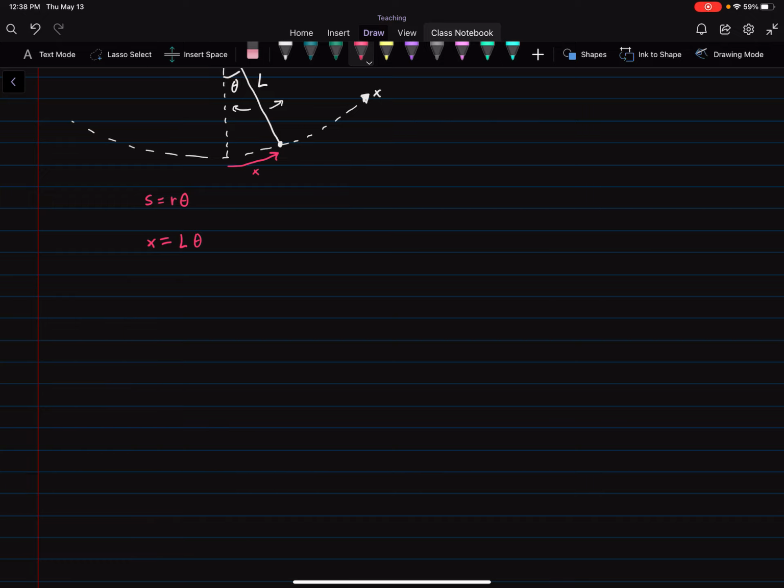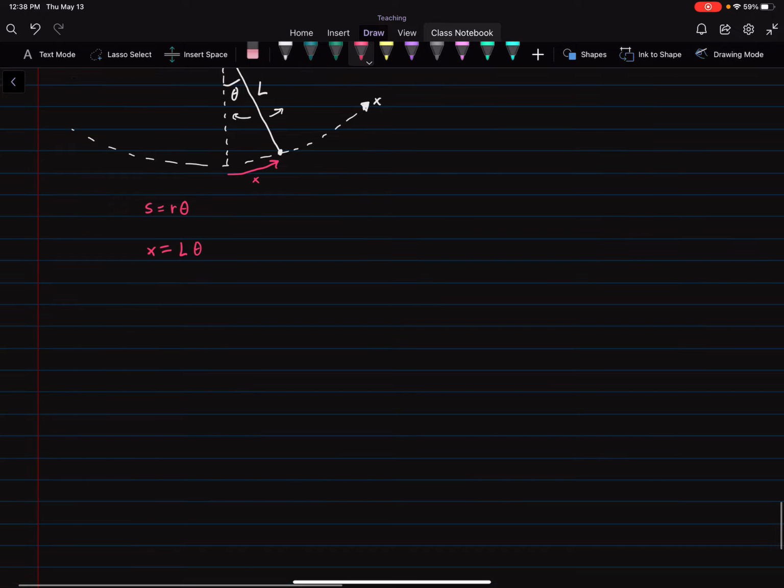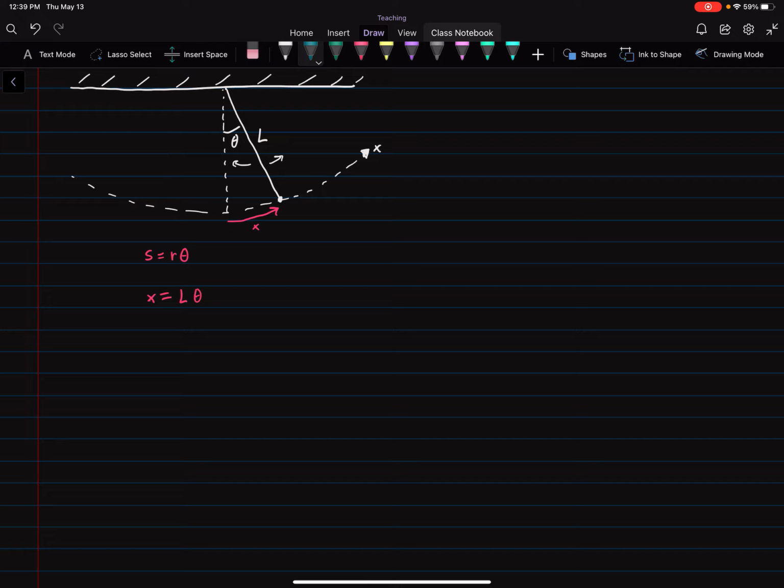So is it? Looking at the figure, we can identify some forces. So we have a tension force here, and we have gravity acting downwards, so mg. The tension is always pointing radially inward, but gravity is always pointing down.